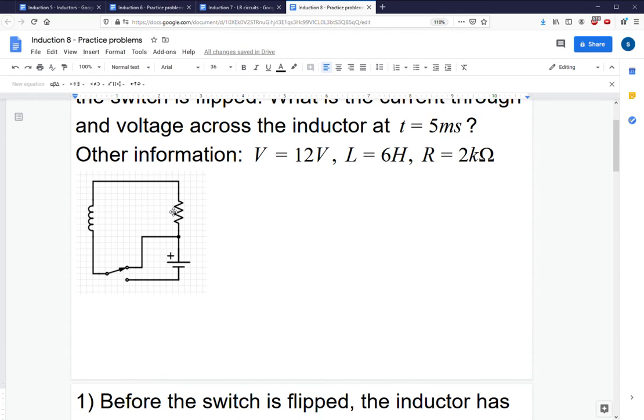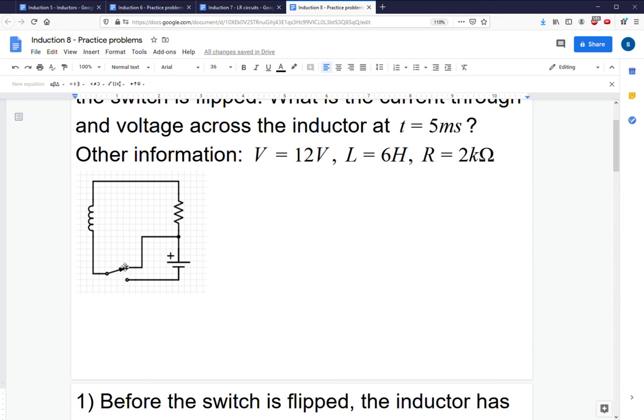Now by Kirchhoff's current law, which says that the current going into and out of a node must add up to 0, the resistor and the inductor are connected by this node right here, which means if there's 0 current in the inductor, there's also 0 current in the resistor. By Ohm's law, if there's 0 current in the resistor, there's 0 voltage across the resistor. And then finally, we use one more Kirchhoff's voltage law to say that the total change in voltage across this entire loop must be 0.